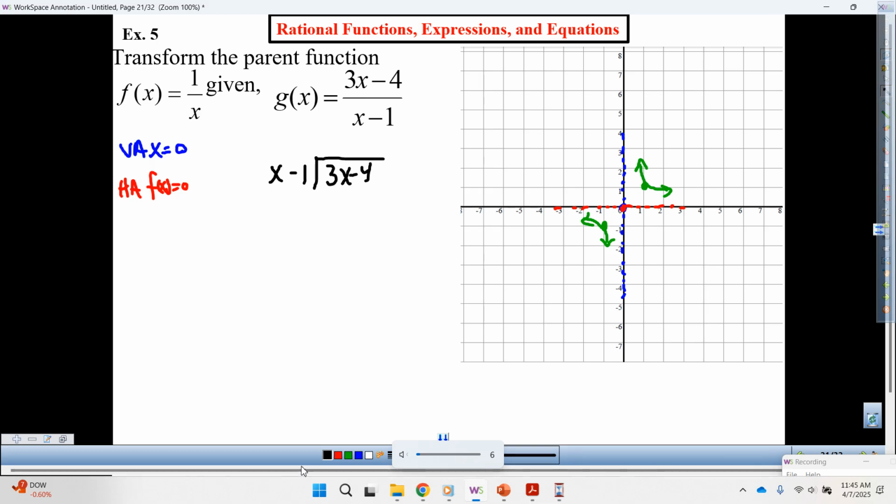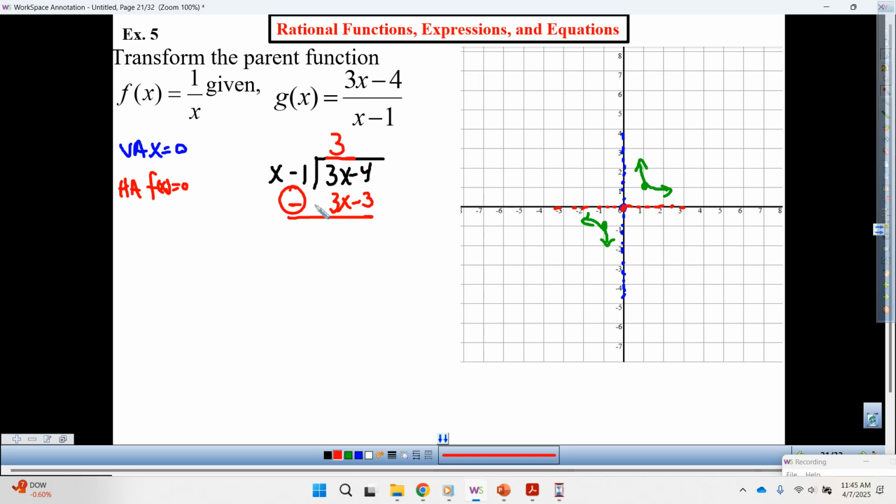So, what number times x gives us 3x? 3. So 3 times x is 3x. 3 times negative 1 is negative 3. We're going to subtract. And what do we do when we subtract?